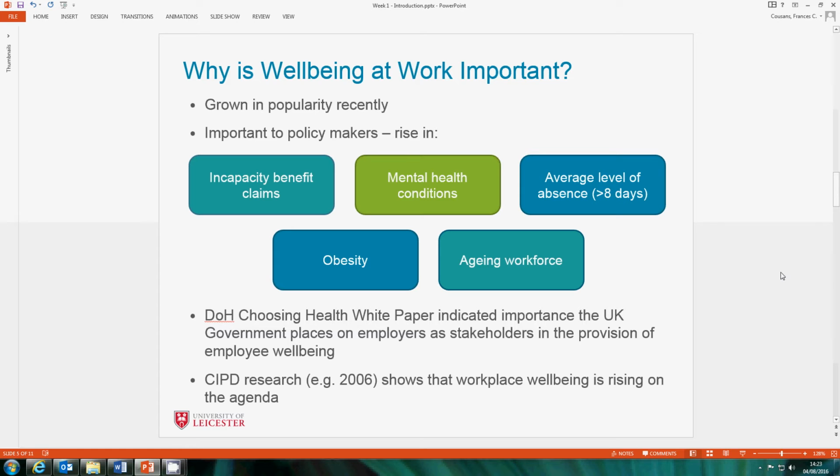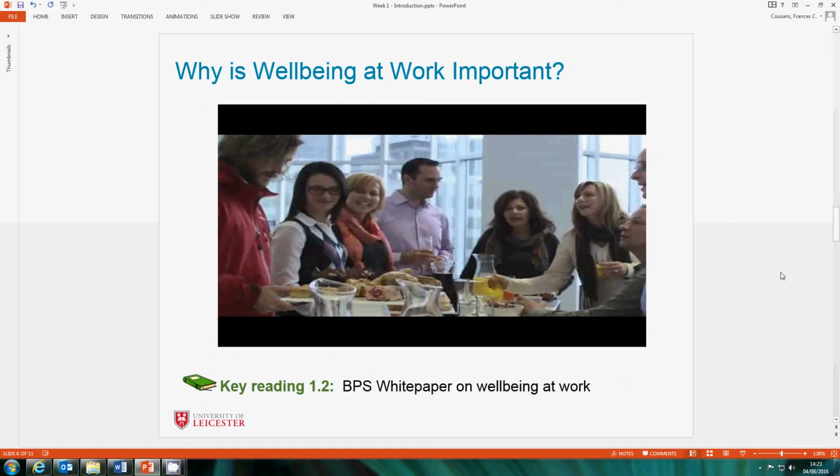Secondly, employees are starting to demand that their employers help them to achieve individual well-being. And thirdly, the law and government policy, as I've touched on just now, drives employers to recognise their impact on employee health and to help their aims, so the government's aims to get more of the working population back and active in the workplace in order to boost the economy, something that's ever more increasingly important in the UK at the moment.